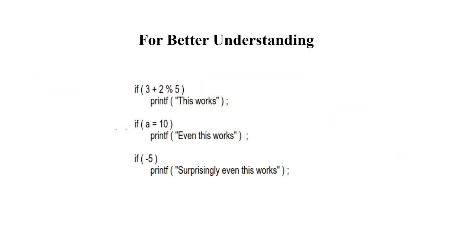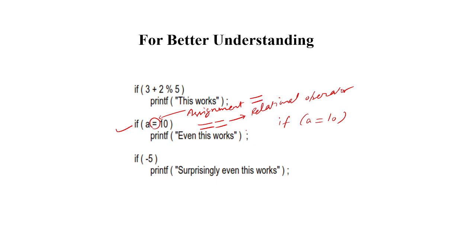Likewise, in the second example, it is written if a is equal to 10. Here the operator used is the assignment operator, given by one equal sign. It is not a relational operator, which is this one.